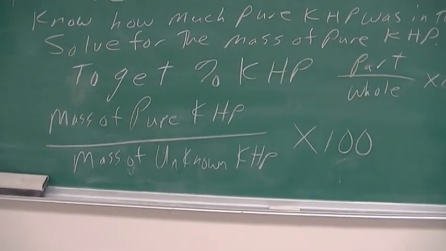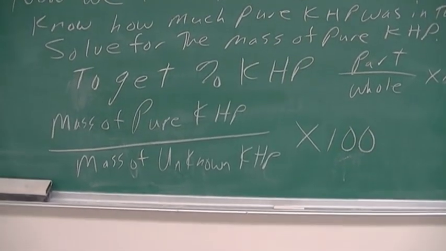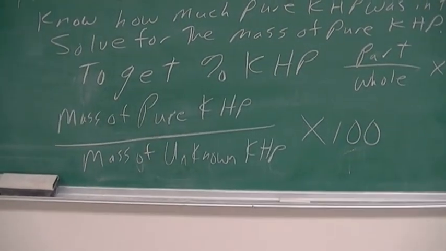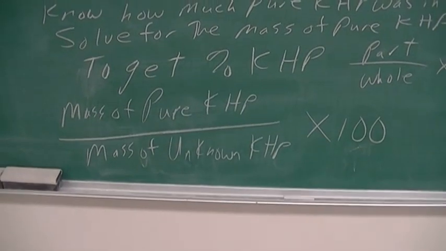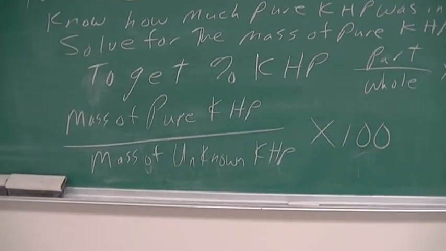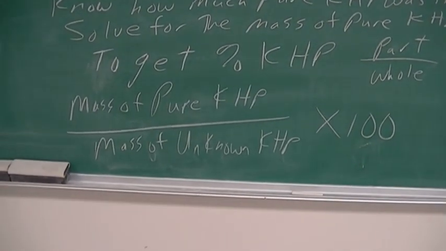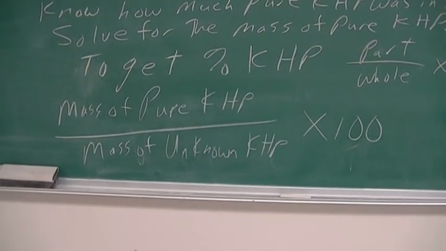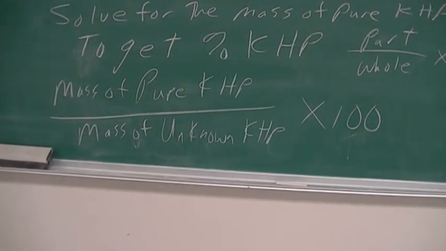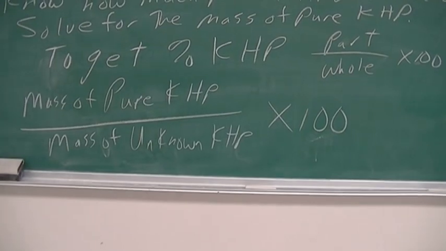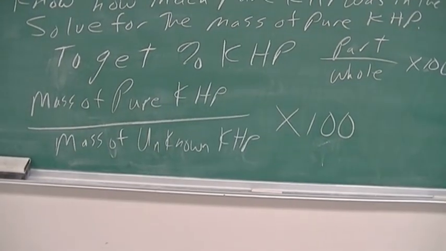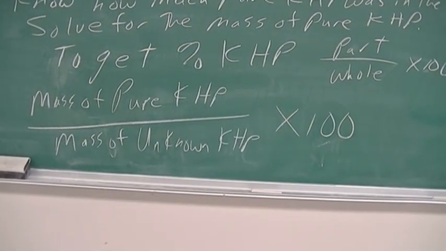The part is the mass of pure KHP, how much of the unknown was pure KHP. The whole is the mass of the entire sample of your unknown KHP. Then multiply by 100 and you will have your answer. And that is how you will do the calculations.